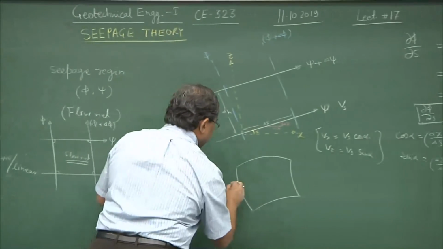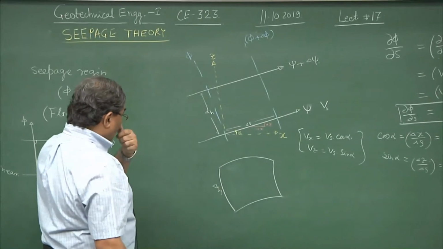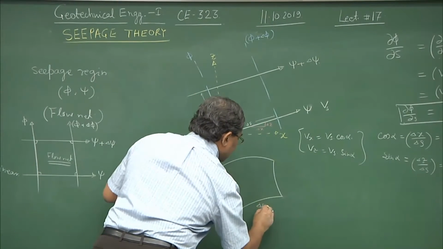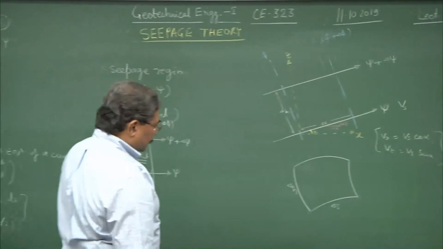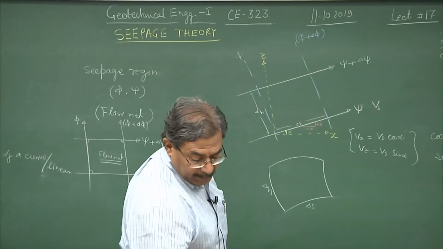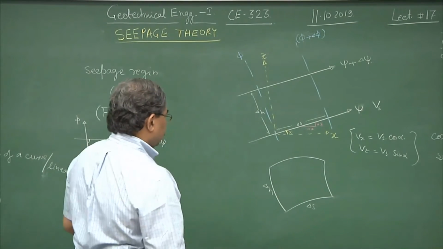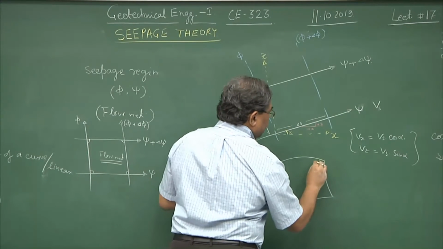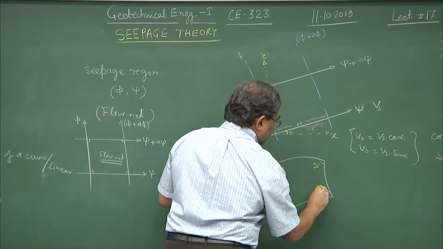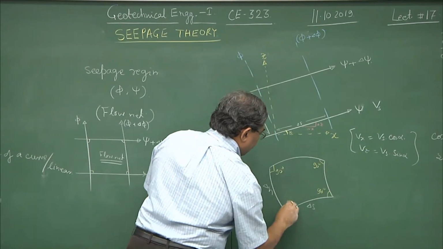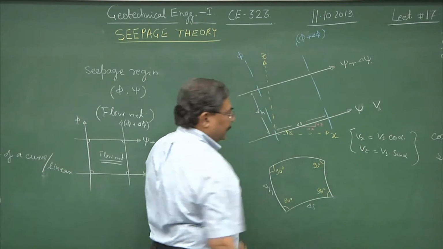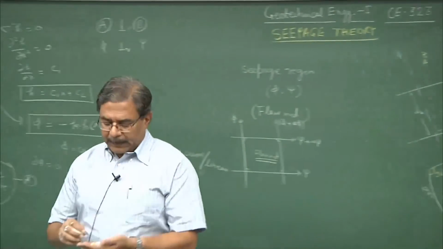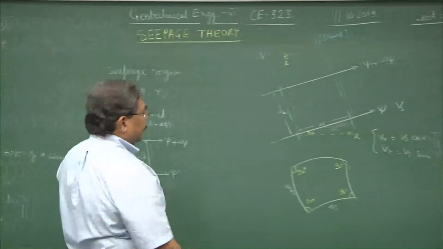So, this becomes the delta n, the curved path, and this becomes the delta s. The condition of normality cannot be sacrificed. So, this is 90 degree, this is 90 degree, this is 90 degree, and this is 90 degree. So, this is the typical unit of the flow net.